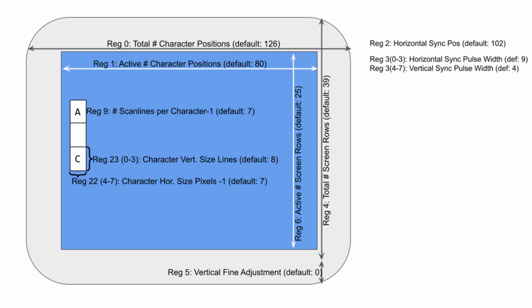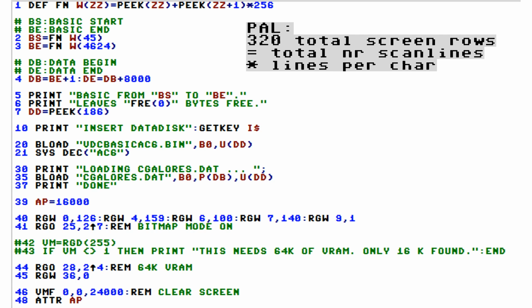Number 4 is total number of screen rows. A screen consists of more rows than what's visible to the user. The rule is that we need to have a total of 320 rows or scan lines for PAL and 264 for NTSC. I'm in PAL land, so we will go with 320. 320 must be the product of multiplying the number of total scan lines with the height of the character blocks.